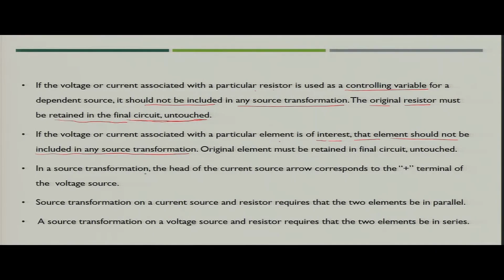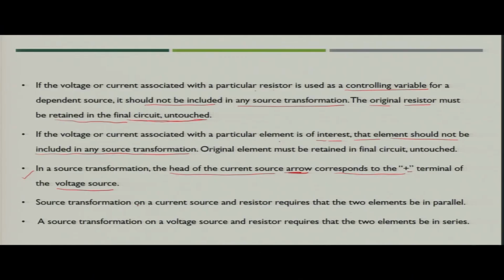Now, in case of source transformation, the head of the current source, that is the arrow, will correspond to the positive terminal of the voltage source. This is what we have to always keep in mind while we are transforming current to voltage source.